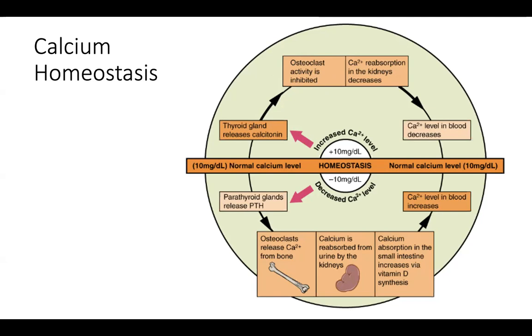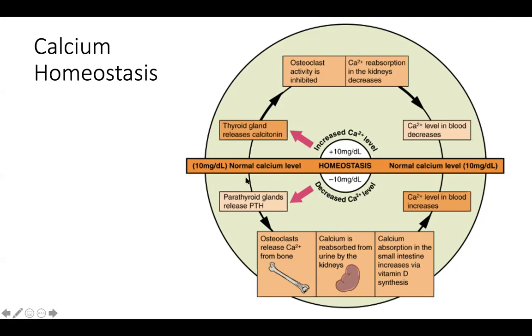So the blood level of calcium goes down. Calcium blood levels go down in the end. So calcitonin is the only one out of these three that is going to bring down blood calcium levels.